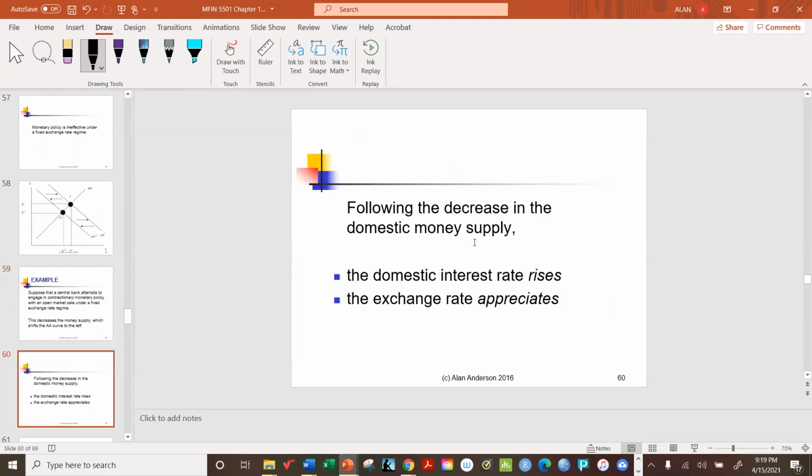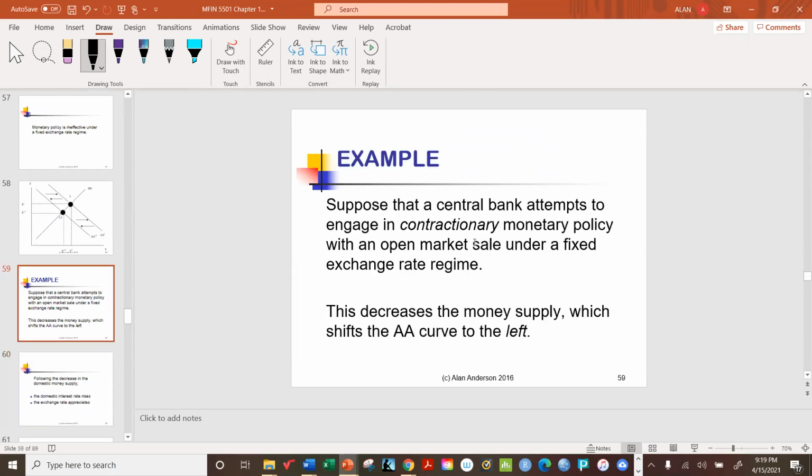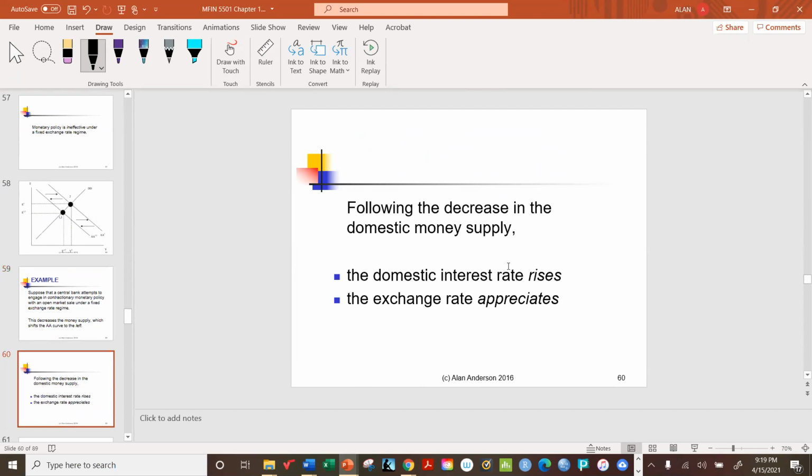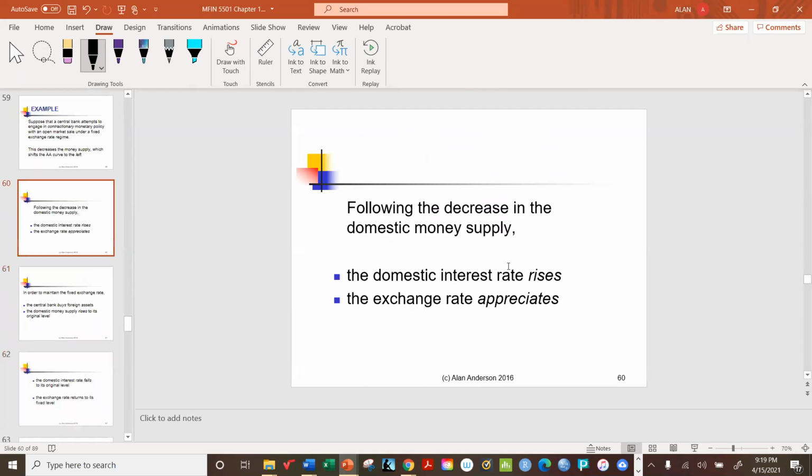Now, if the opposite case happens, the central bank wants to engage in contractionary monetary policy because they're worried about inflation. So they cut back on the money supply, they let interest rates go up, AA shifts to the left. Okay, and so everything works the way they expected.